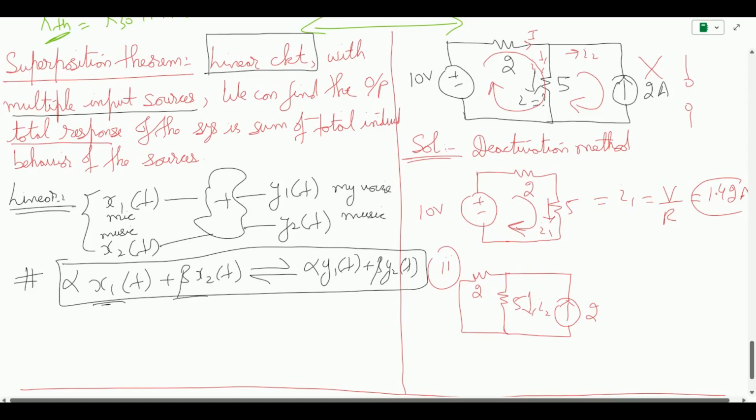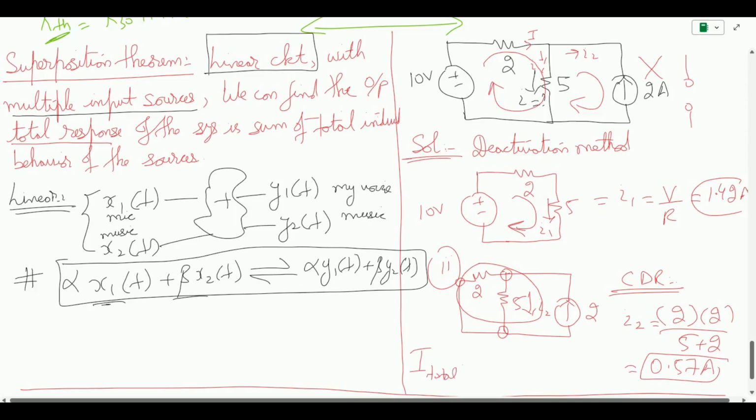We know that this 2 and 5 ohm are connected in parallel because they share the same node, so I can apply the current division rule. I2 is equal to 2 into 2 divided by 5 plus 2, which is 0.57 amps.